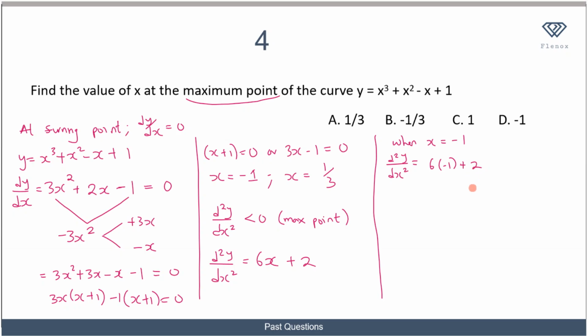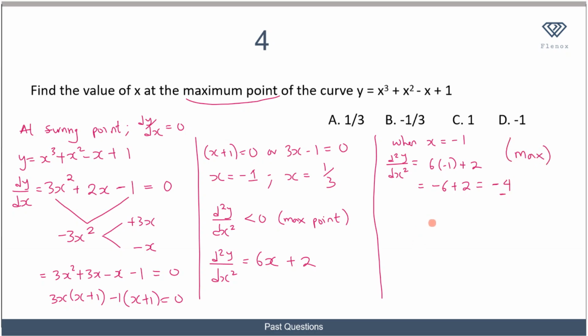And what does that become? That becomes minus 6 plus 2. And that gives me minus 4. So now that I have a number that is negative, I know that this is my maximum point.